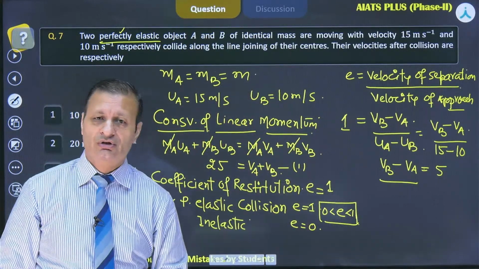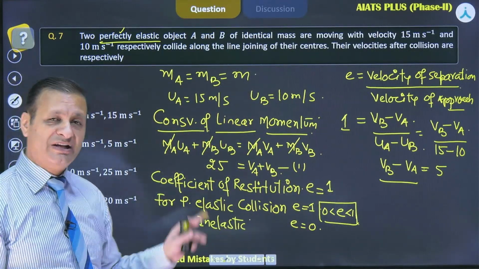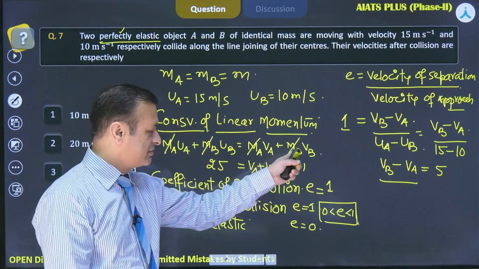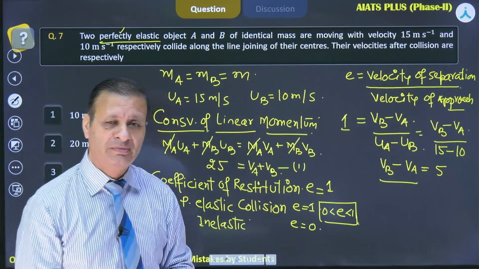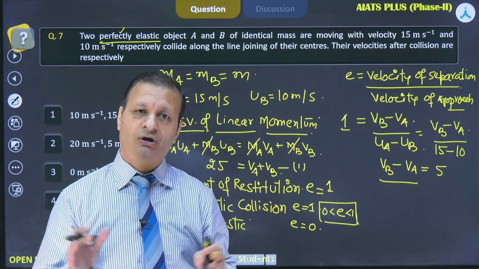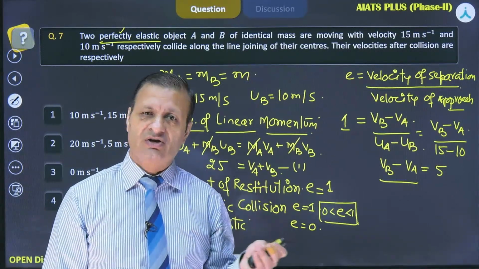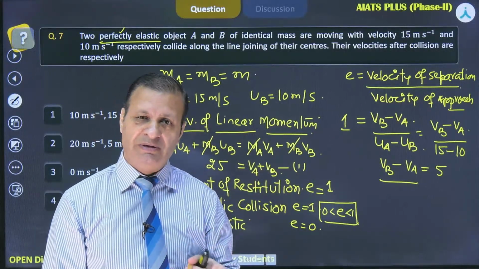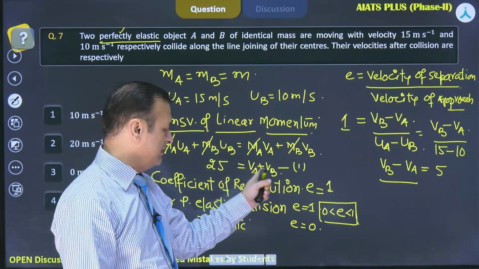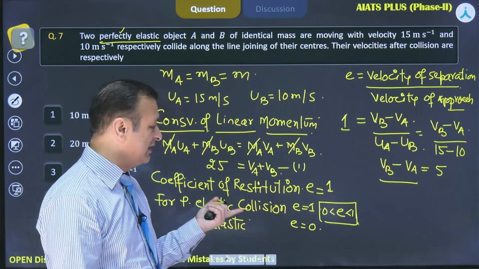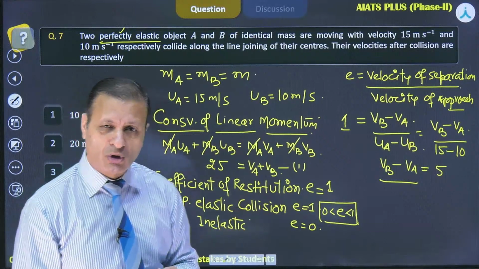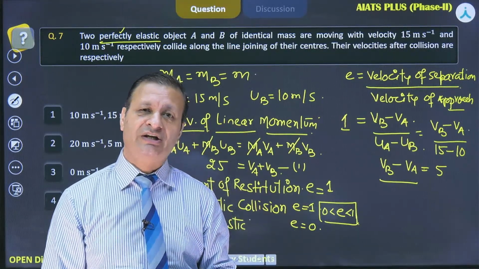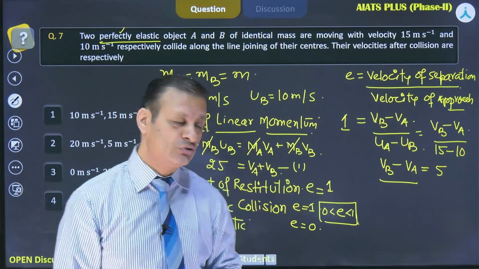So I hope you got this expression, VB minus VA, and understood how we got the second expression. Because the law of conservation of momentum, no doubt, is applicable to all types of collisions, be it elastic or inelastic, but it involves two variables, VA and VB. So we got the first equation, VA plus VB as 25, but where is the second equation? Because this is a two variable problem, you have to have that second equation so that you can solve these two equations.